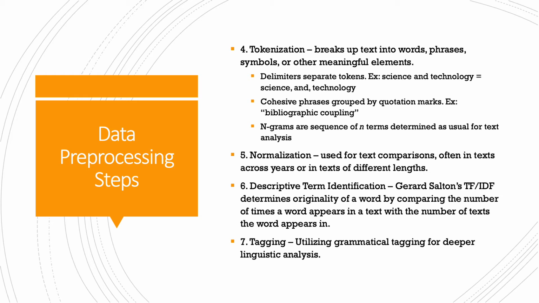So it's really taking a look at the originality of the term in the text corpus being analyzed. And finally, tagging, which is utilizing grammatical tagging for deeper linguistic analysis. So it's tagging the terms you're looking for based on parts of speech, grammar, etc.